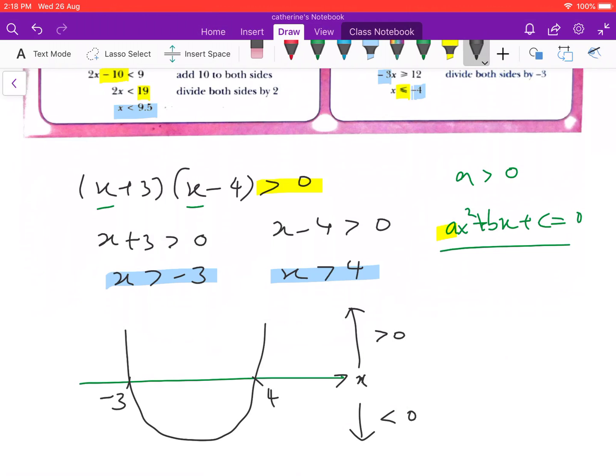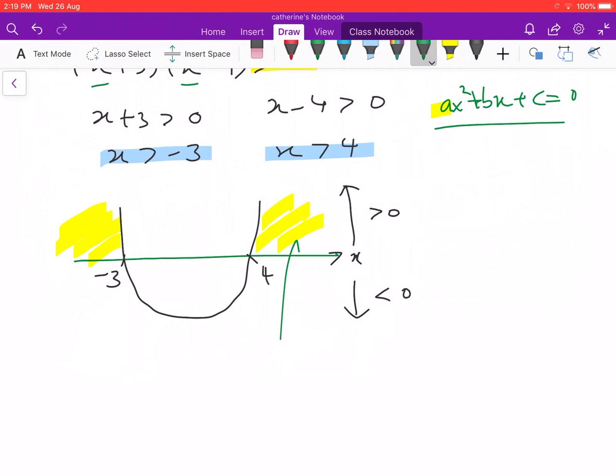Hence the regions that we are going to shade are here and also here. So from here we confirm that this particular region is x more than 4, and this particular region is x less than negative 3. So this will be your answer for this question.